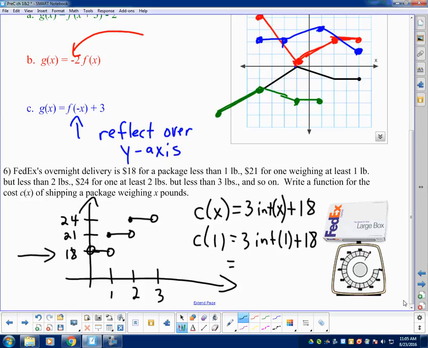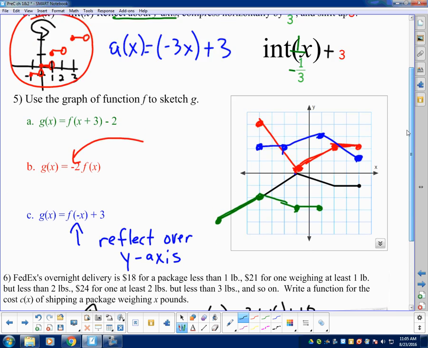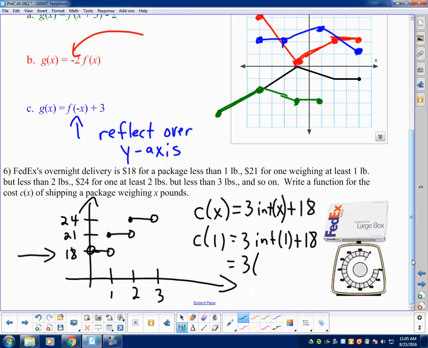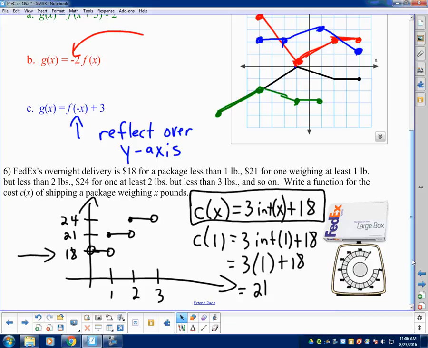Try it on your calculator if you want, go to math, num, int 1, you can see it on the graph up here. If I plug in 1, I'm going to get as an output a y value of 1. So int 1 is 1, times 3 is 3, plus 18 gives me $21. So the 3 was the correct vertical stretch there. So there's my function. We'll box it here that models FedEx's overnight delivery fees. All right.